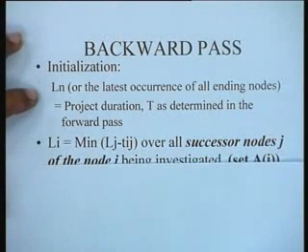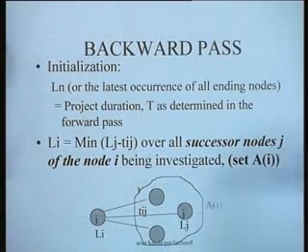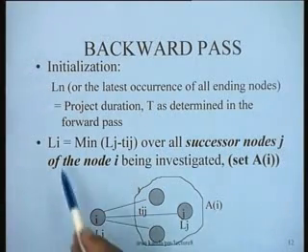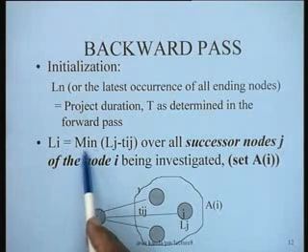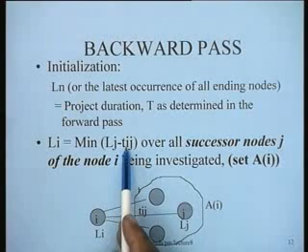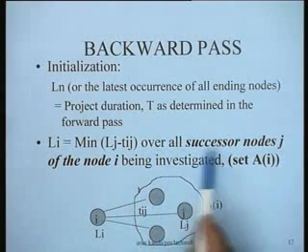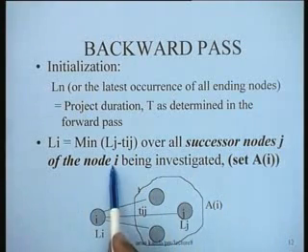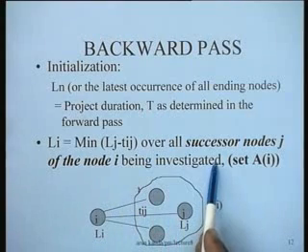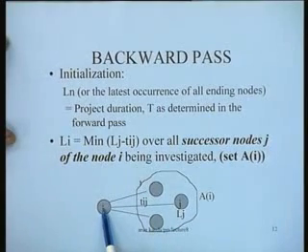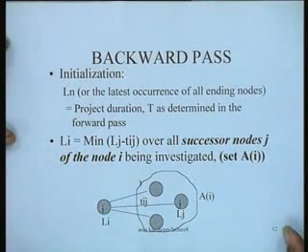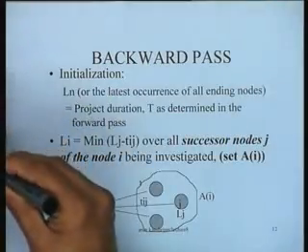And once you have done this initialization, the next step is to determine the latest occurrence times of all the nodes, Li's, which is nothing but the minimum of Lj minus Tij over all the successor nodes j of the node i being investigated. So this is the set of nodes after i. If I am now investigating node i, I look at all the successors.